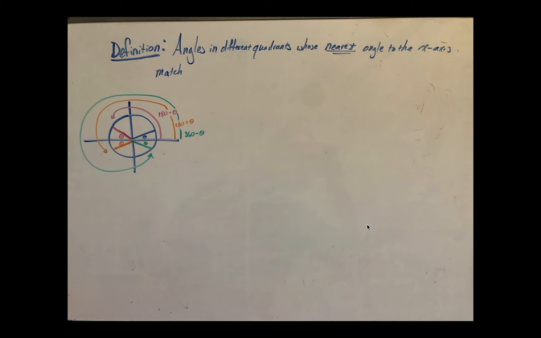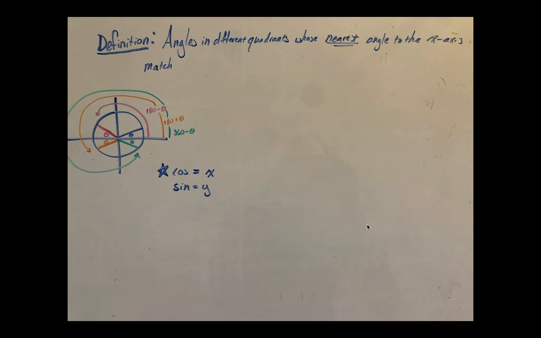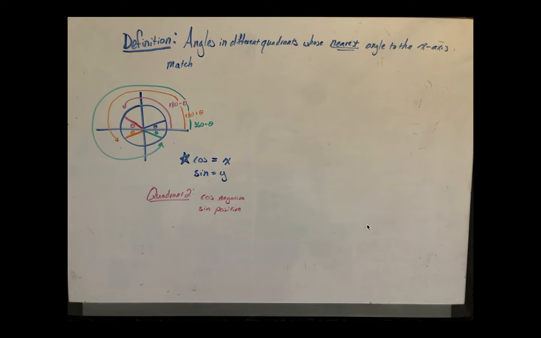So you're going to end up getting the absolute value of the x and y values the same in all of these. Let's remember that the cosine of the angle is the x value where it intersects the circle, and the sine is the y value where it intersects the circle. So that means that in quadrant two, the cosine is now going to be the negative of whatever it was in quadrant one. The sine is positive.